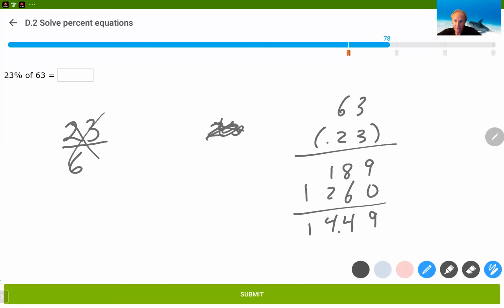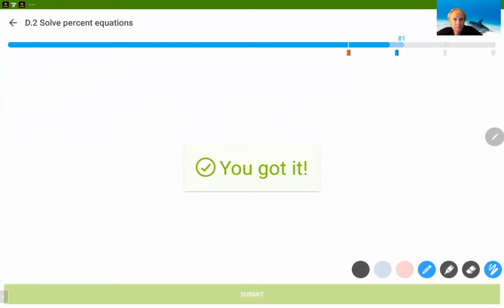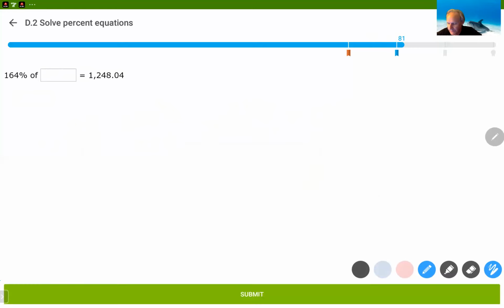I'm going to check it with my calculator just to do it. 63 times, I'm a little sleepy today apparently. 14.49, yep. A lot of times they have these work out evenly, but not this time.